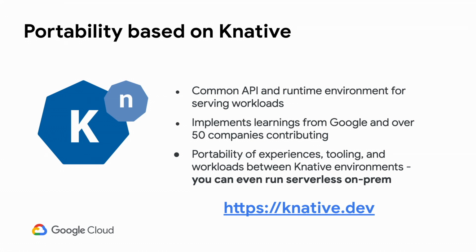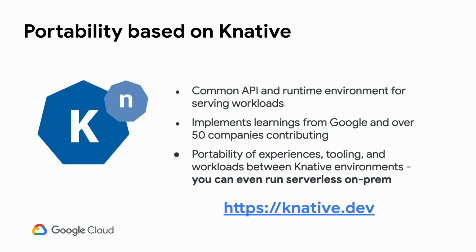So one thing to note about Cloud Run is that we built this service based on Knative, which is an open source initiative project led by Google initially. So what is Knative? Knative is a Kubernetes-based platform for you to deploy and manage serverless applications. There are many companies and vendors out there also building products based on the Knative API.